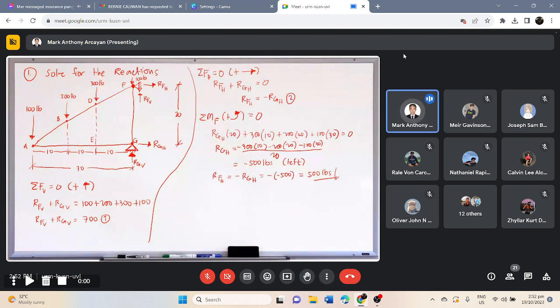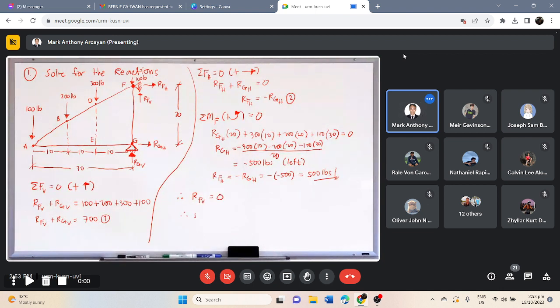Now, we can't say that RFV and RGV are equal to each other, since we can't get them that way. So one of them must be equal to zero to satisfy the equilibrium equations. If we analyze the rigid structure, we can say that RF vertical is equal to zero.